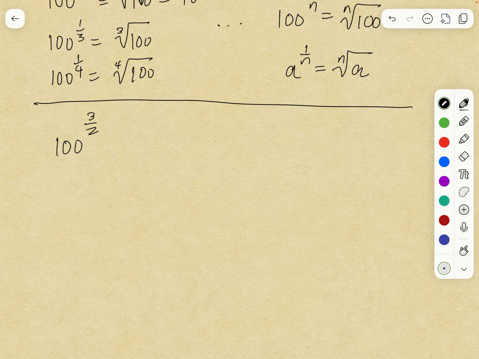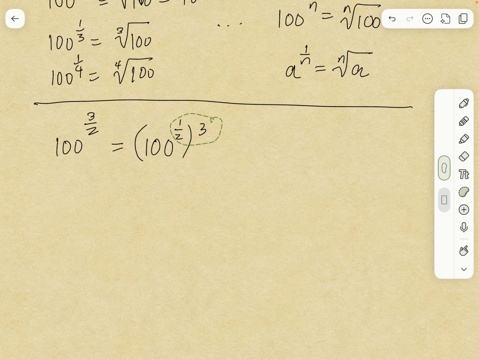Well, to define this, we're going to use the properties of exponents as a guide. So what we would like to do is we would like the exponents to work in such a way that if you did 100 to the 1/2 power and then cubed it, the result would be 100 to the 3/2 power, because you want to be able to multiply the exponents together.